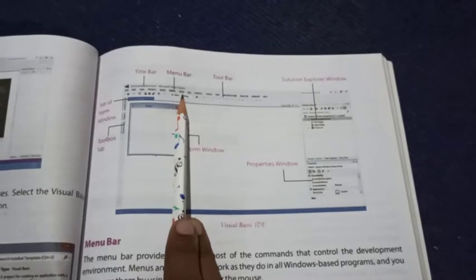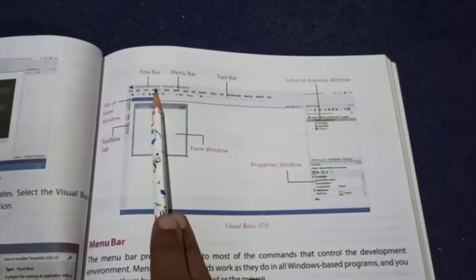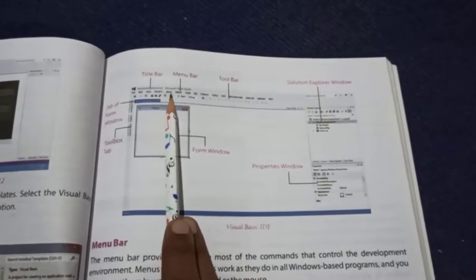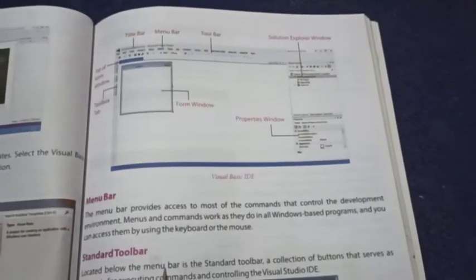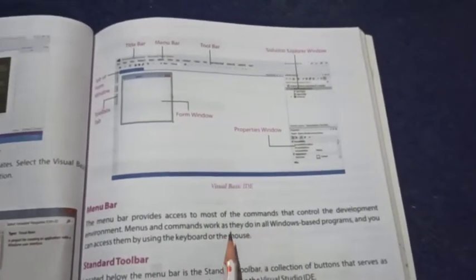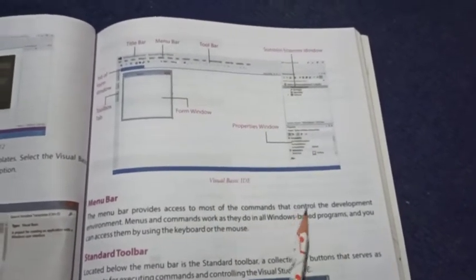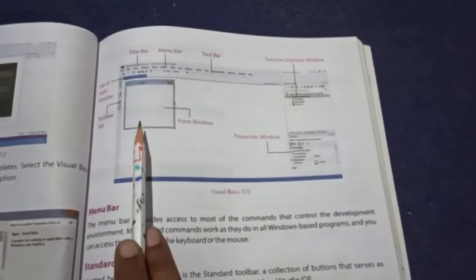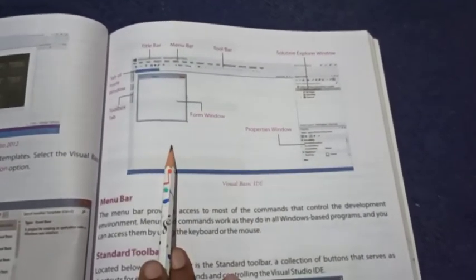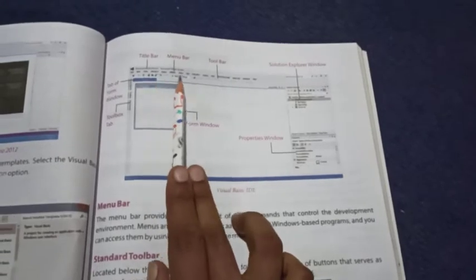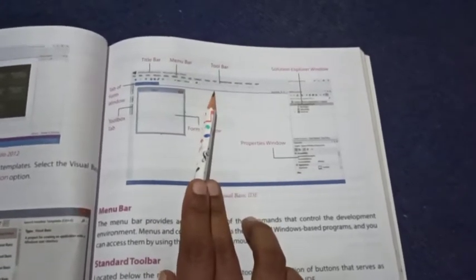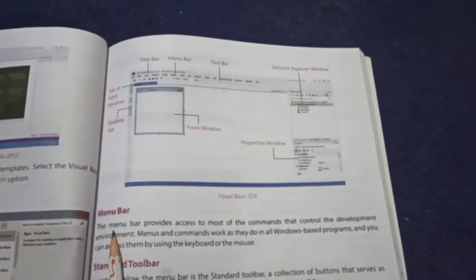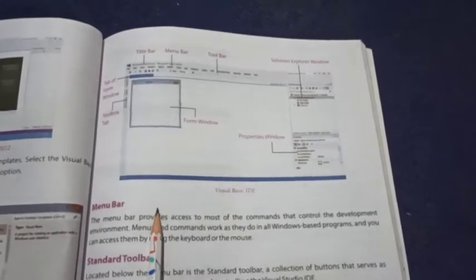In this Visual Basic IDE, the menus are different, and by this menu we can access most of the commands that control the development environment. Means while developing the form, we can use the menu commands to develop the environment or to create the form.